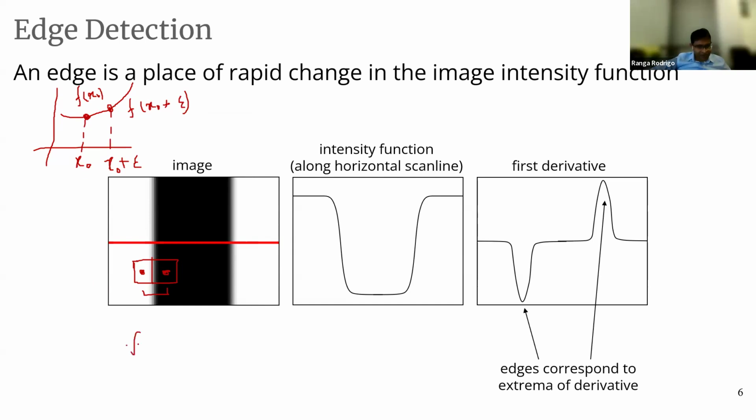So, f(x naught plus epsilon) minus f(x naught), divided by that difference, epsilon, and we set the limit of epsilon to 0.